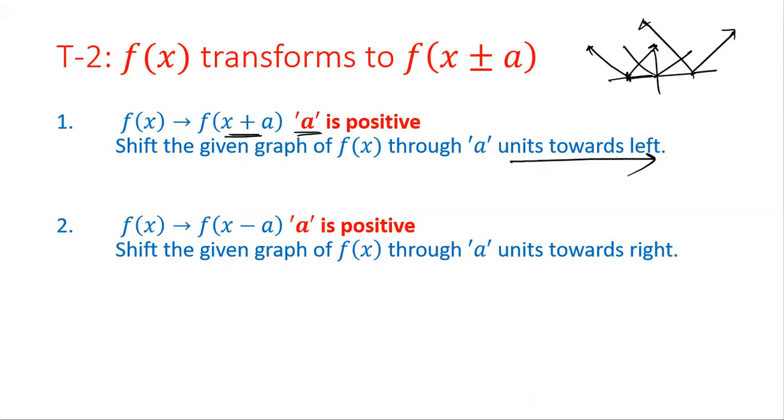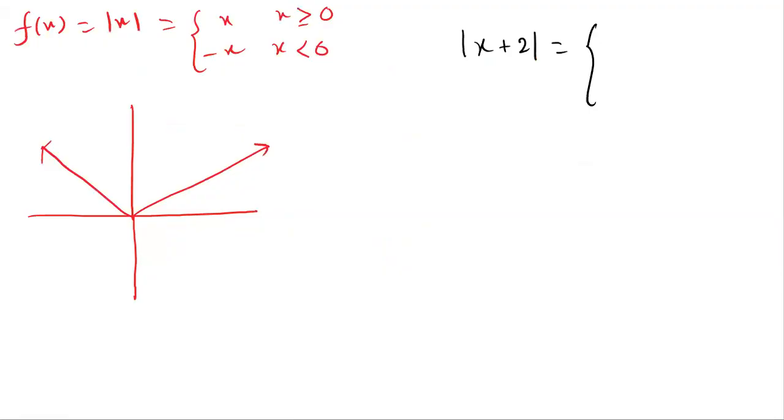So we will see this as an example of f of mod x. This will become x plus 2 when x plus 2 is greater than 0, and minus of x plus 2 when x plus 2 is less than 0. You see what happens now for this function.